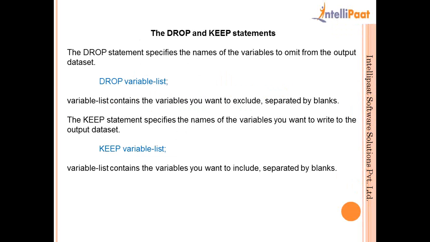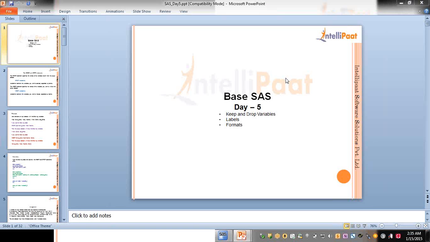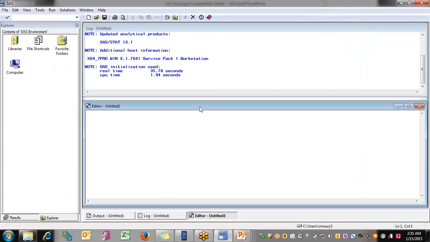It says that the drop statement specifies the name of variables to omit from the output dataset. Before I read anything here, let me show you what and how we use variables. Don't get confused with the term variable. Variables are what we call columns in SAS.